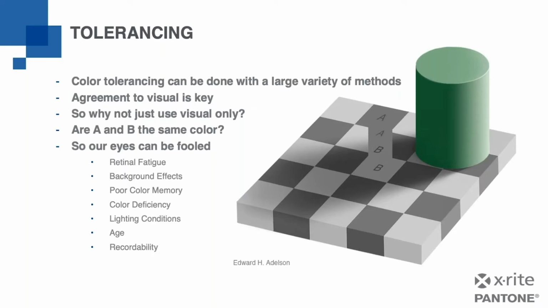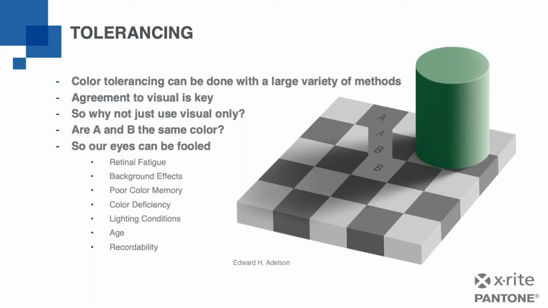There are a number of other factors, such as retinal fatigue, background effects, which is what we're seeing here, poor memory color, our inability to memorize a color, and physical deficiencies, where our eyes just don't work well to differentiate colors. There's the lighting conditions, whether you're under fluorescent, incandescent, or daylight, and our age.